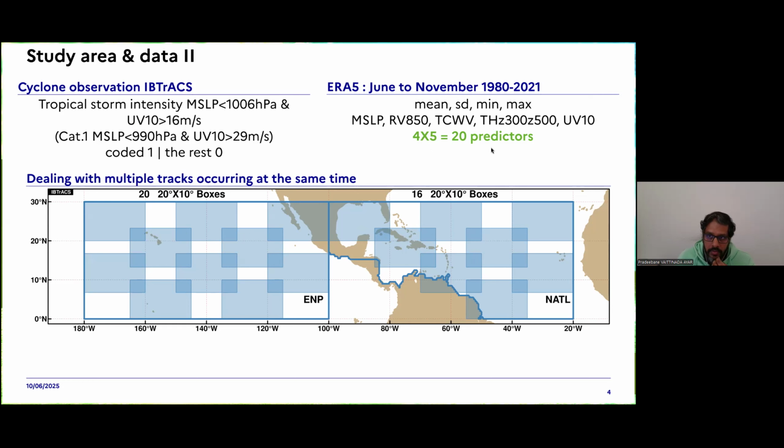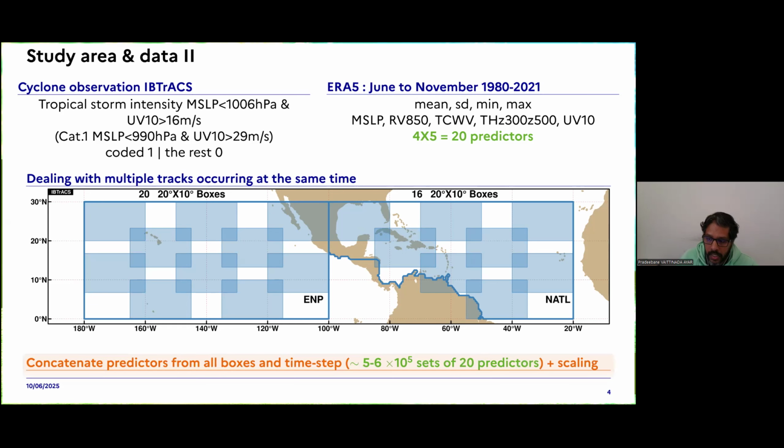So I have a set of 20 predictors per time step per box. What I have at the end is a table where I put every data from every box at every time step. So I have a set of 500 to 600,000 sets of 20 predictors, which I scale because they are very different in terms of ranges.